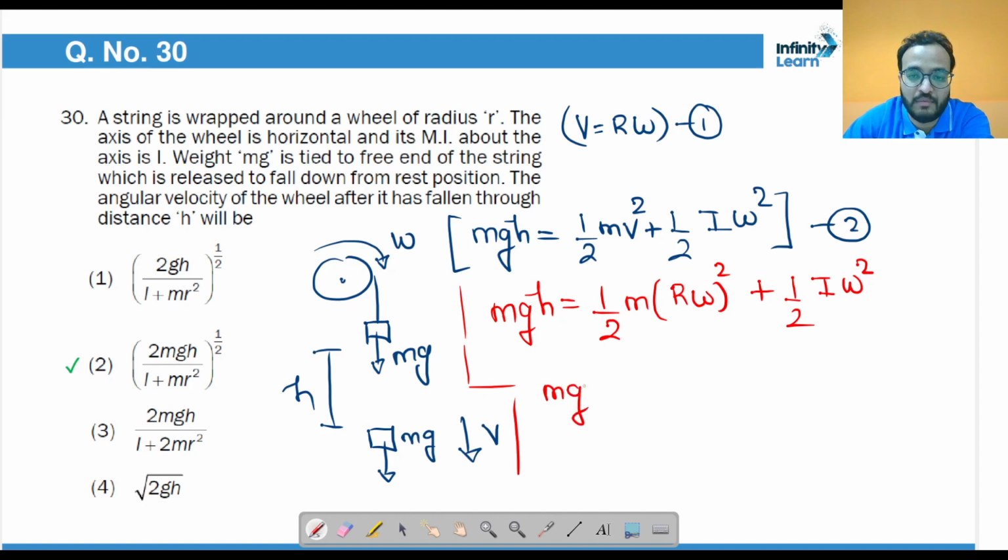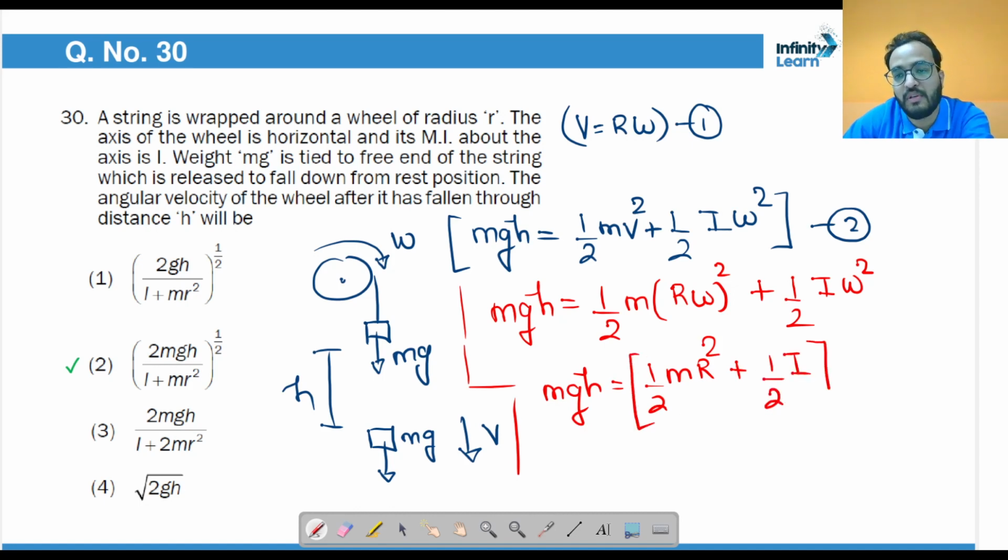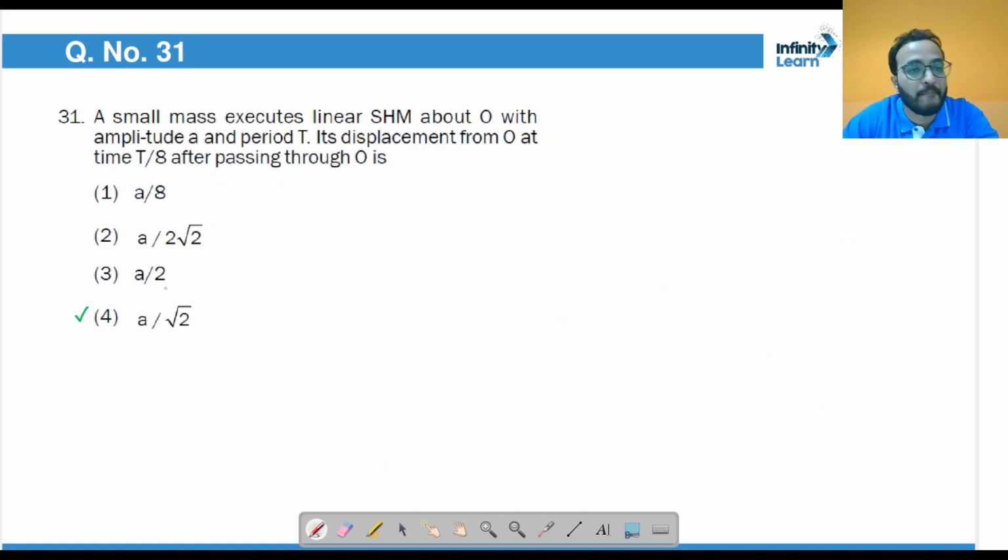So you can say mgh is equal to half m r square plus half I, whole into omega square. So omega is under root of 2mgh upon m r square plus I. Okay, so the second option is correct.